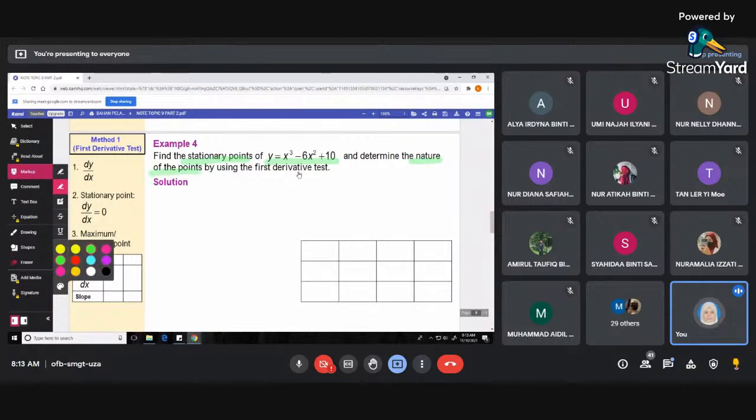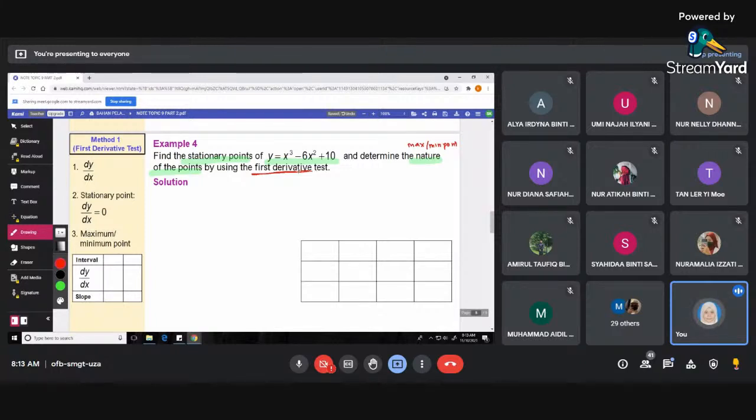I told you, nature of the point represents, is it maximum or minimum point? By using apa? First derivative test. So that means you tak boleh guna second derivative test. You must use first derivative test.